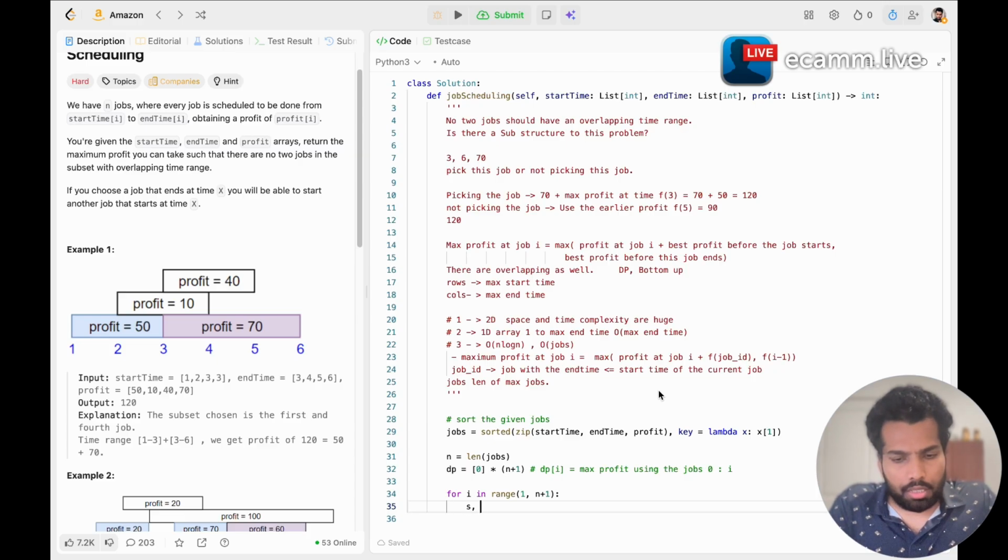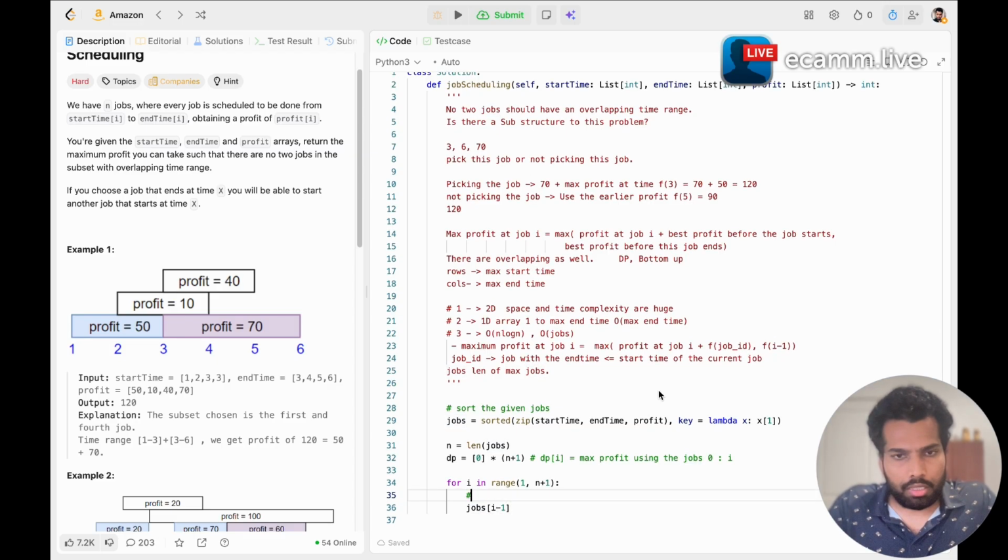so you have a start, so jobs[i-1], because we need the start, end, profit of the current job which we are calculating the profit for.